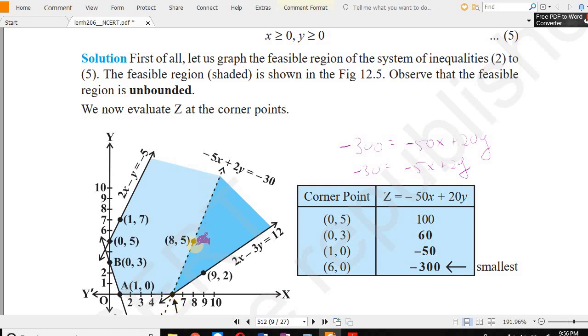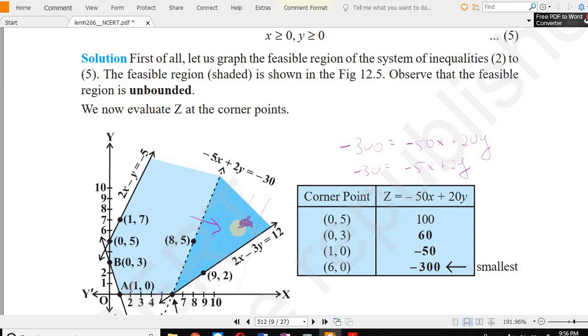But notice that I can keep moving this line to the right, and the line still intersects my blue region. What does that mean? Any point on this line that's parallel to this constraint will have the same value of objective function. And the objective function will be smaller, because as I move this way, my z is getting smaller and smaller.